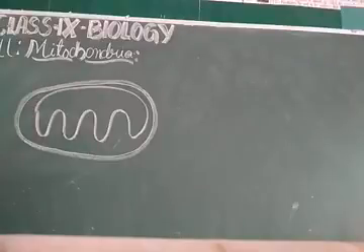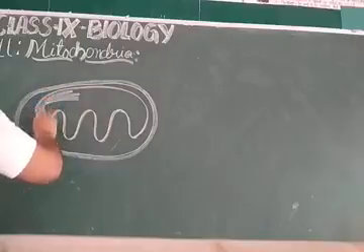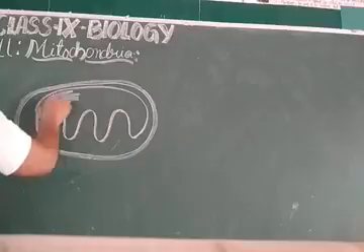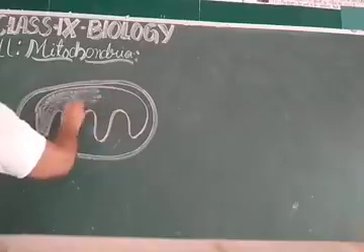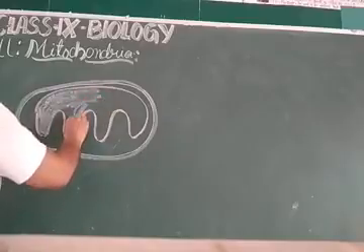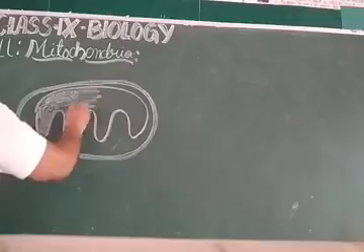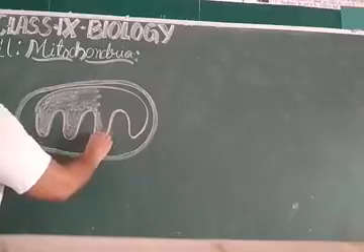These mitochondrial folds are called cristae, and the remaining part is called the matrix. The remaining part will be the matrix, and this folded part is called cristae.